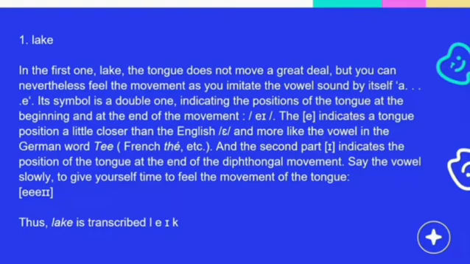The E indicates a tongue position a little closer than the English E and more like the vowel in the German word Tee, French thé, etc. And the second part indicates the position of the tongue at the end of the diphthongal movement. Say the vowel slowly to give yourself time to feel the movement of the tongue. Thus, lake is transcribed lake.